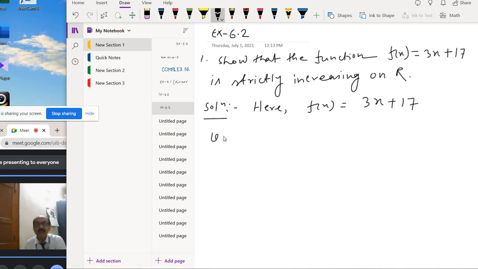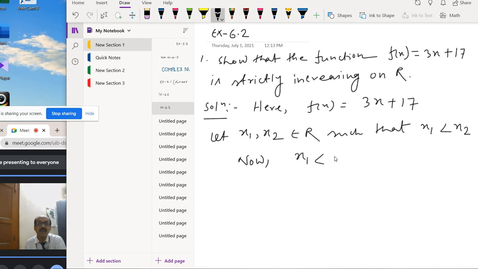So let x1, x2 belong to R, real numbers, such that, so 2 points you are taking, and take any one point greater than the other. That means x1 less than x2.